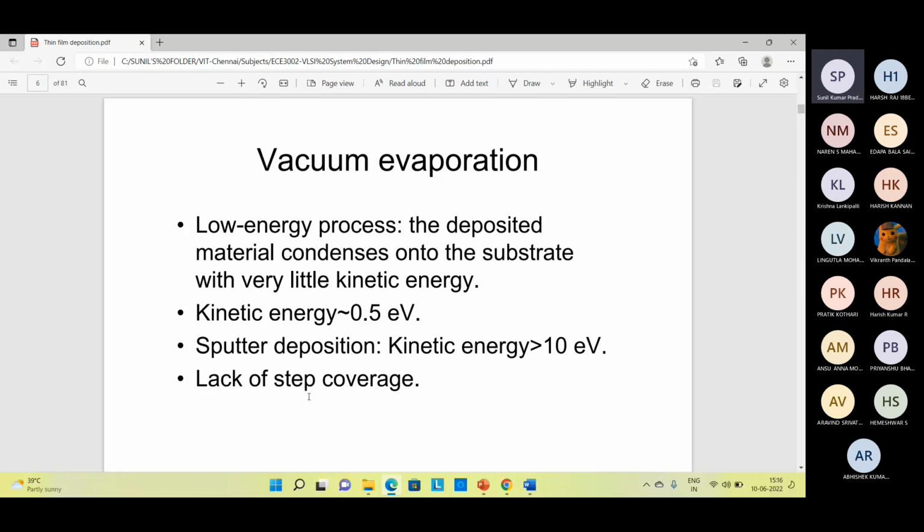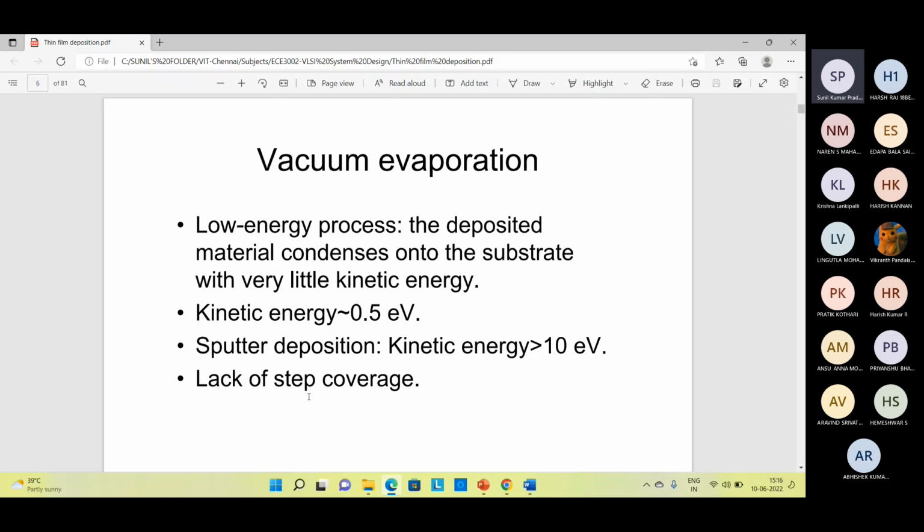Whereas, if you consider the sputtering technique, the kinetic energy is greater than 10 electron volt.